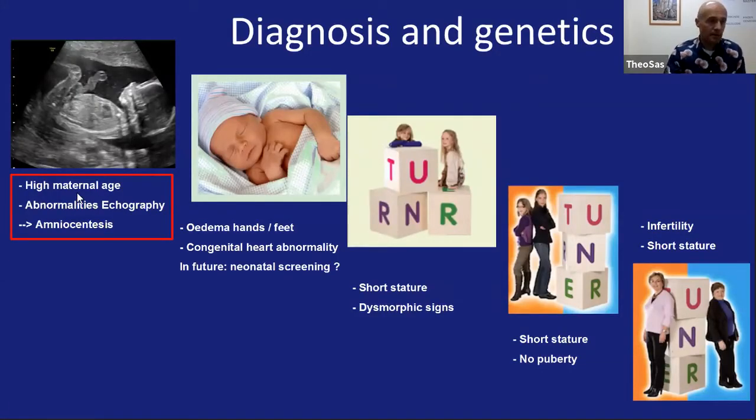And we can have the diagnosis before birth. Turner syndrome is not associated with higher maternal age, but of course, when you do a karyotyping because of high maternal age, you can find it, or due to other echography abnormalities.